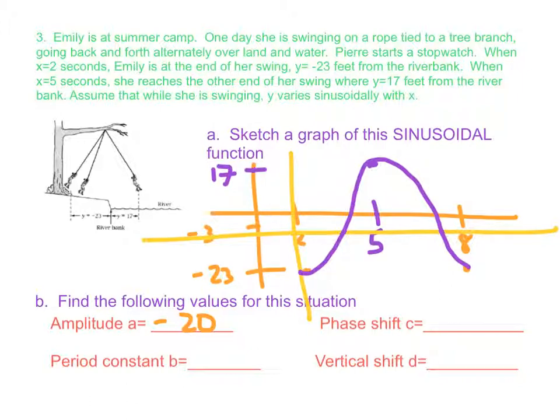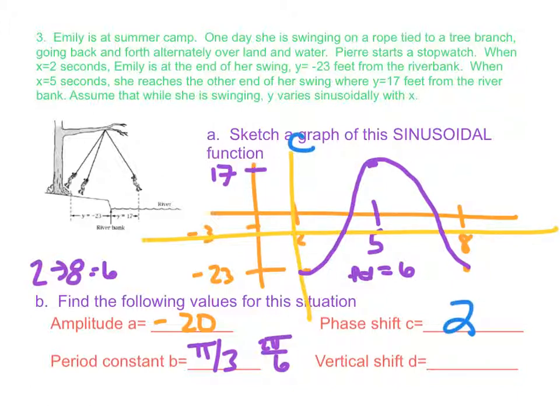My period goes from 2 to 8, which means my period is 6. So 2 pi divided by 6 gives me pi over 3 for my B. My phase shift is 2. My vertical shift is down 3.